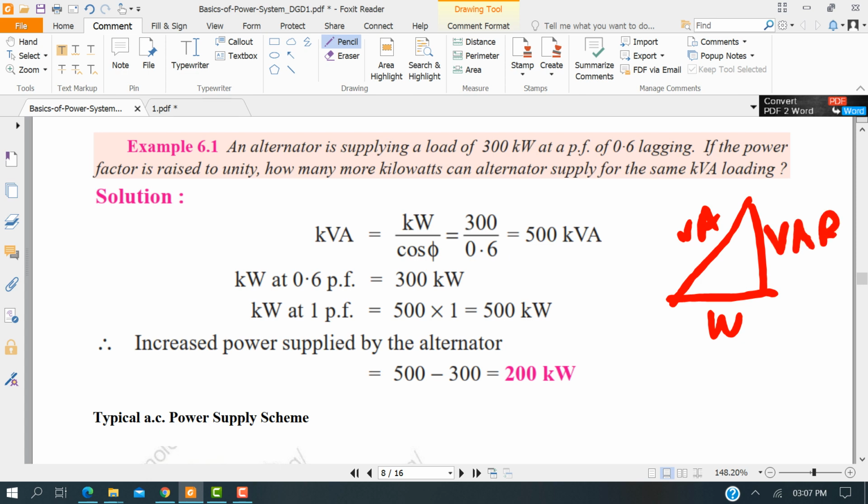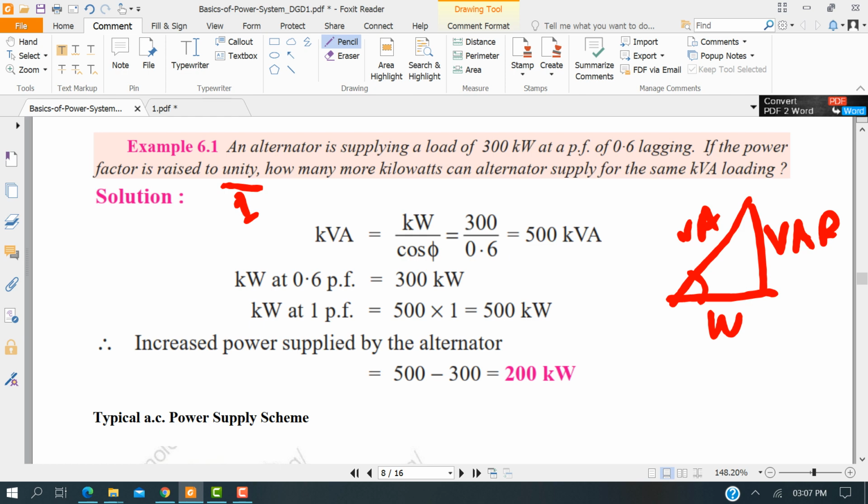So here 300 kilowatt is given. Power factor is 0.6, cos theta is 0.6, and if the power factor is increased to unity, so 0.6 to 1, then how much power can the alternator deliver for the same kVA loading?